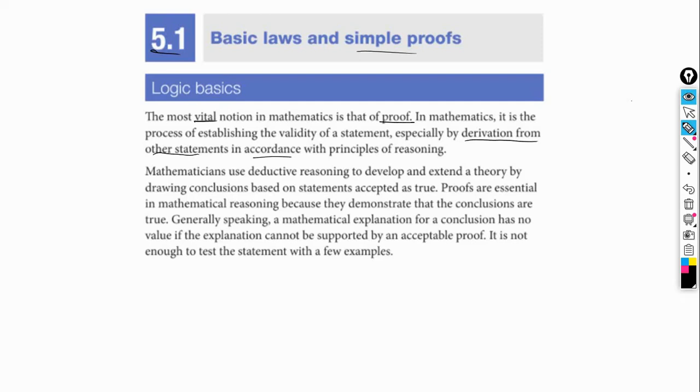Mathematicians use deductive reasoning to develop and extend a theory by drawing conclusions based on statements accepted as true. Proofs are essential in mathematical reasoning because they demonstrate that the conclusions are true. Generally speaking, a mathematical explanation for a conclusion has no value if the explanation cannot be supported by an acceptable proof. It is not enough to test the statement with a few examples.